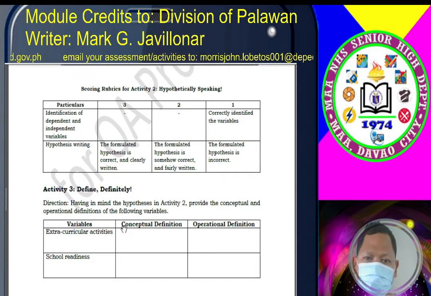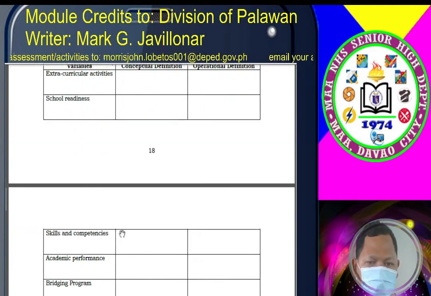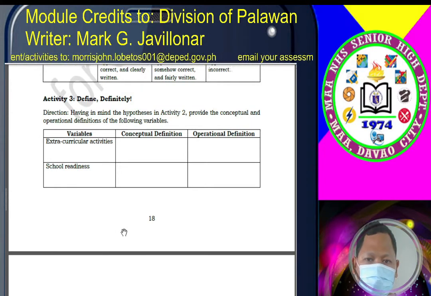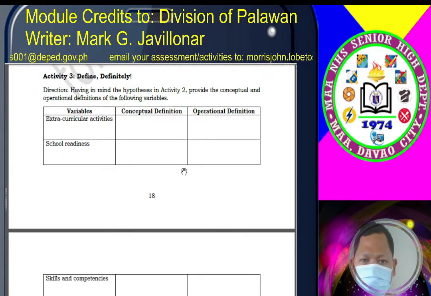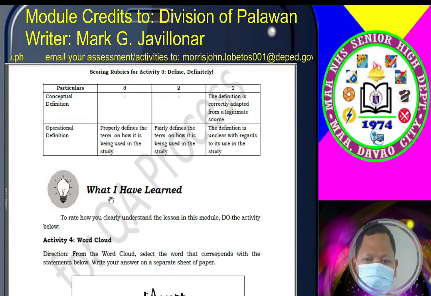Define the five words, both conceptually and operationally. I think it's very simple to do. Just answer this on your yellow paper and read the rubrics again.